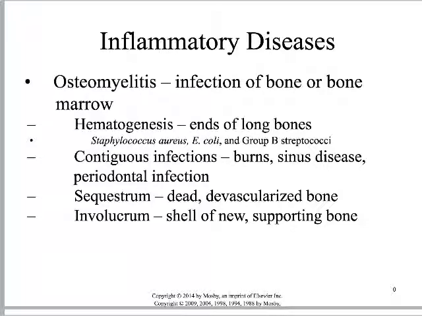If some kind of infectious agent is introduced into the area of the bone, that can cause some serious problems, right? So sometimes we call it hematogenous. This is going to be at the ends of the bones. So staph can cause an infection.